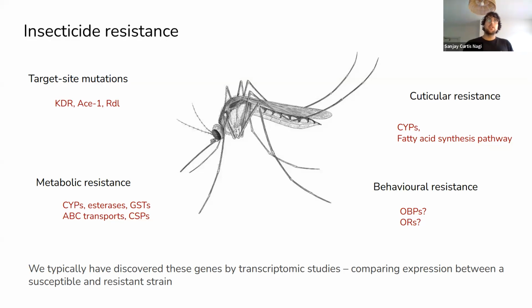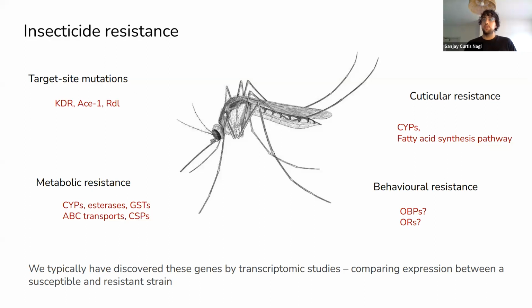These are target site mutations, which we saw in workshop 1, such as KDR or ACE1. Metabolic resistance, which we saw in workshop 2, which can be caused by a number of different enzymes, such as cytochrome P450s, esterases, GSTs, and so on.